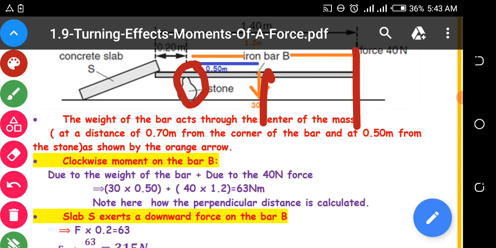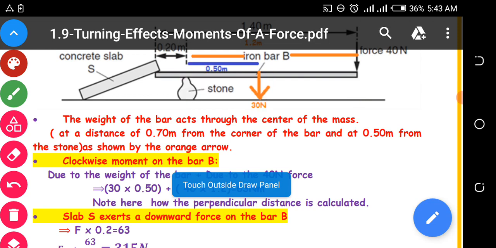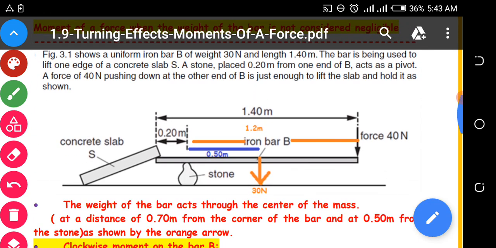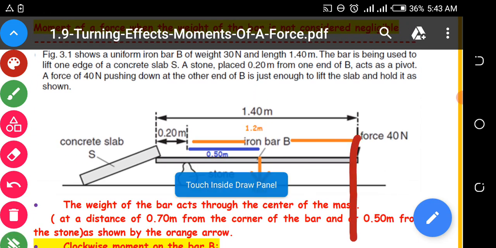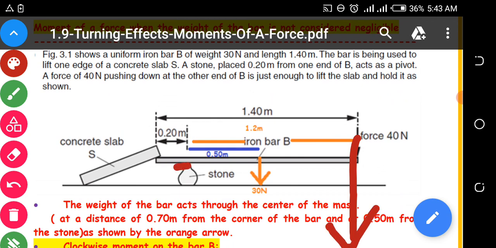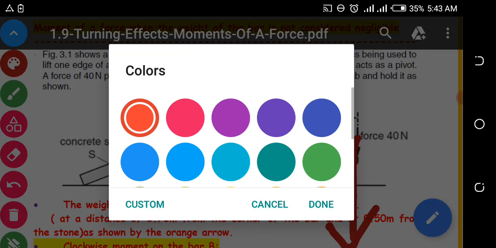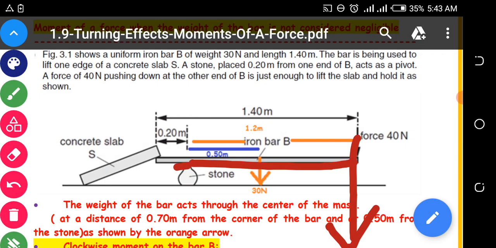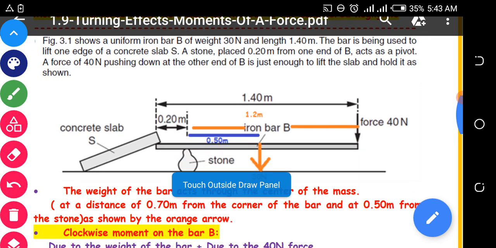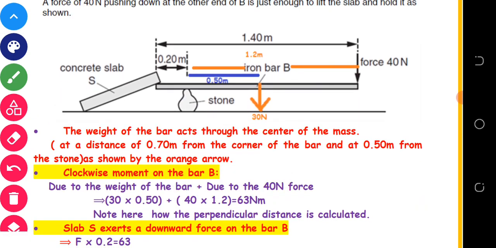Where are they making this object turn? At the pivot. What's a moment? It's the force multiplied by distance from the pivot. For this other 30 Newton, we also have force multiplied by distance from the pivot. And that's the working that has been done here.